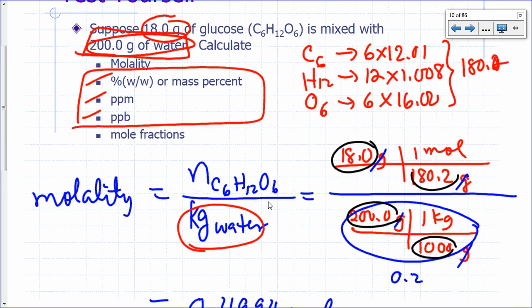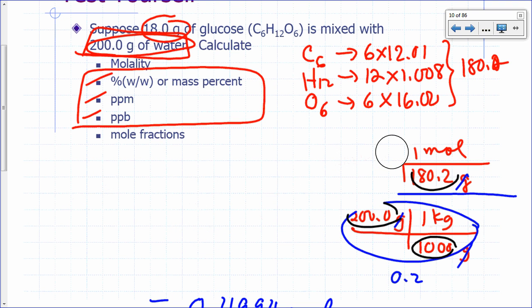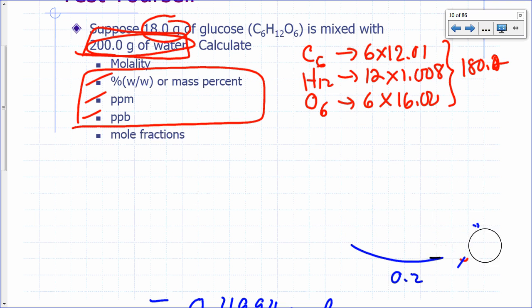What about mole fractions? Let's calculate mole fractions. By definition, mole fraction is just the number of moles of whatever component you're interested in divided by the total number of moles.